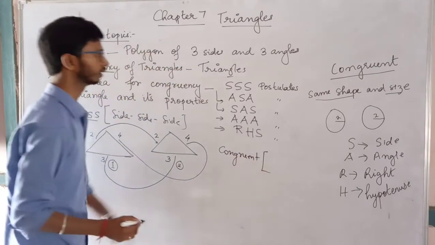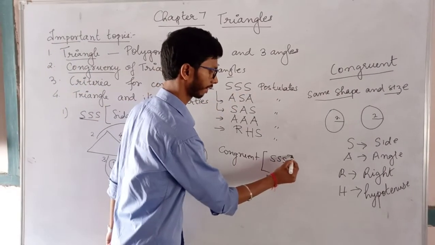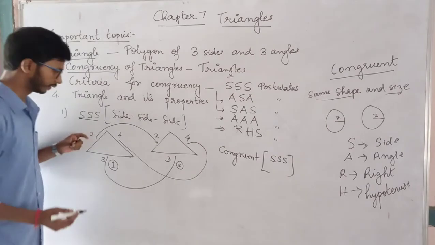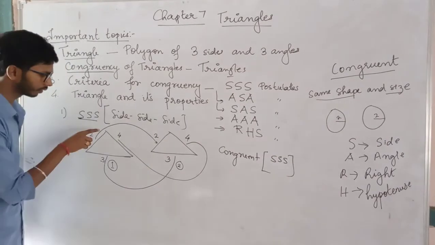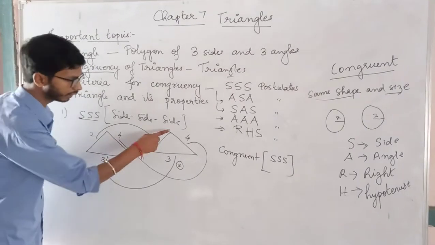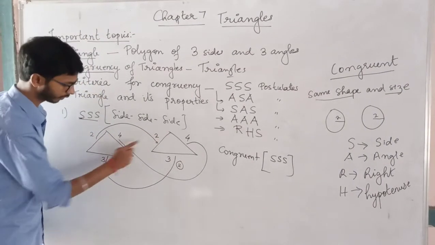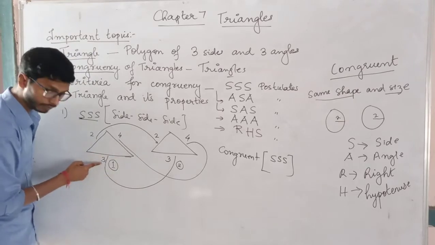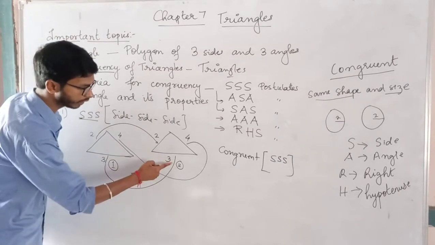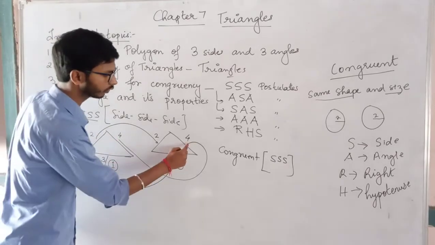By which rule? SSS. I will repeat once more. In this triangle, this side is 2 centimeter. In the other triangle, same direction, this is also 2. Both are same. See the base, here we have 3, here also we have 3. Now this leftover side, this is 4, this is also 4.